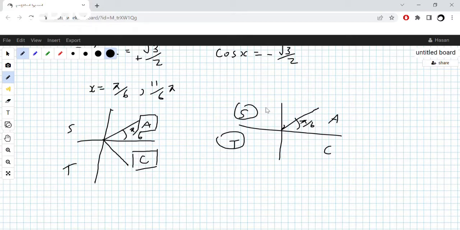To work out these two, you would do pi minus pi over 6, which is 5 over 6 pi, and pi plus pi over 6, which is 7 over 6 pi. And these would be your answers.